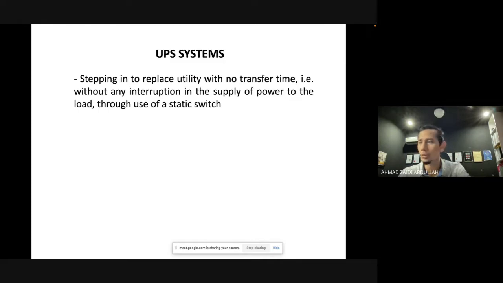The automatic transfer switch normally takes some seconds, below 5 seconds, below 10 seconds for a genset. But for UPS, we use a static switch. So it's around milliseconds only.